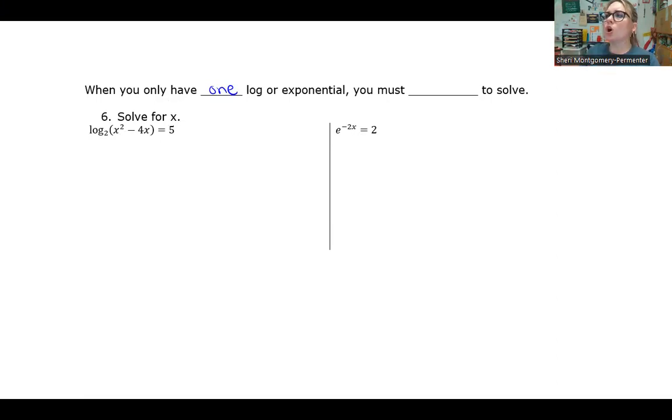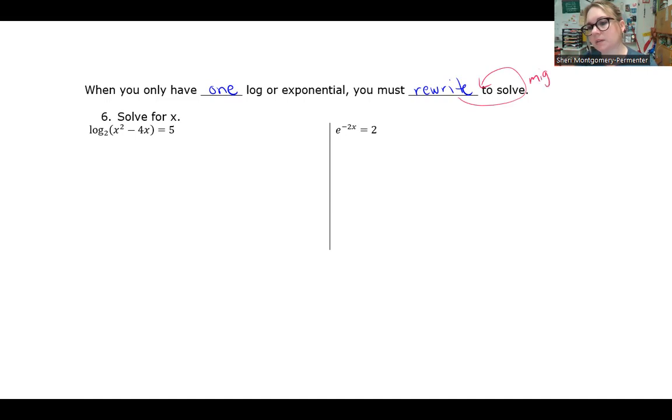So when you only have either a log on one side or an exponential on one side, the way that you have to solve it is by rewriting. And we've learned how to do that as well. You have to rewrite to solve. So when I say rewrite, it's doing this thing, like that swirly thing. You have to rewrite.